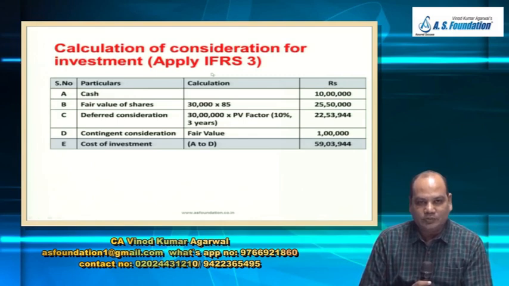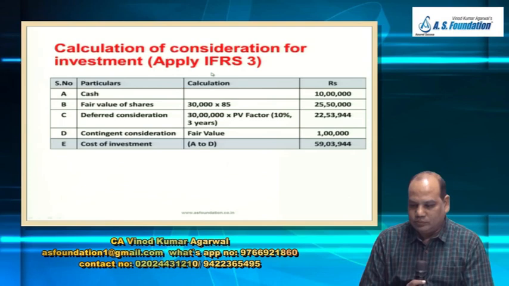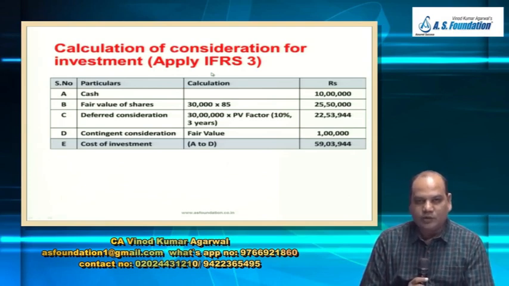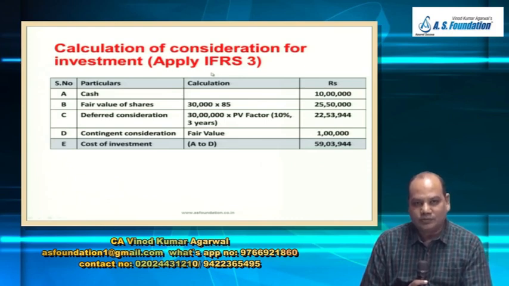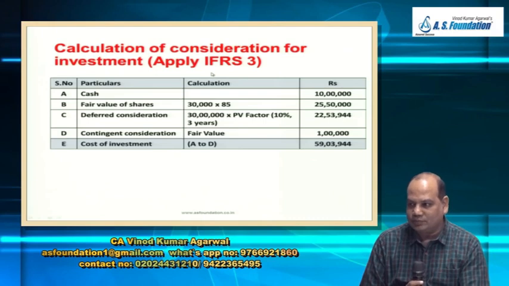Point number A, cash. How much cash is paid? 10 lakh. Point B, write down fair value of shares. 30,000 into 85, 25 lakh 50,000. Is it right?